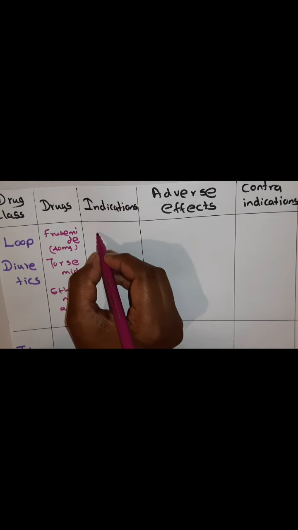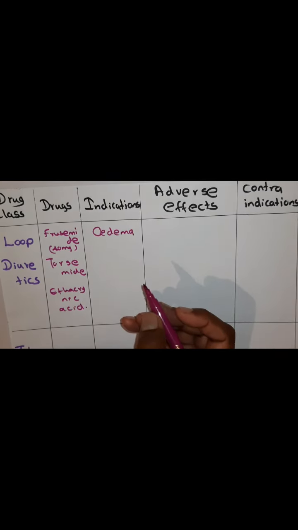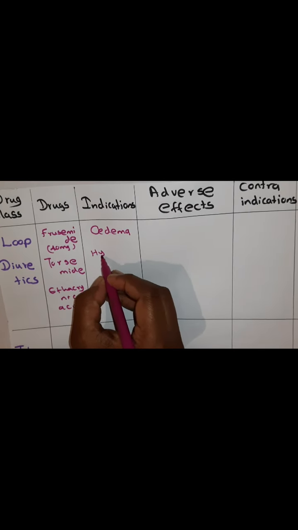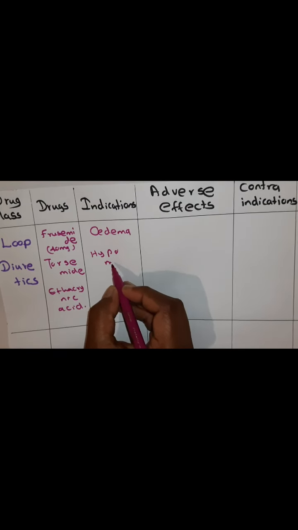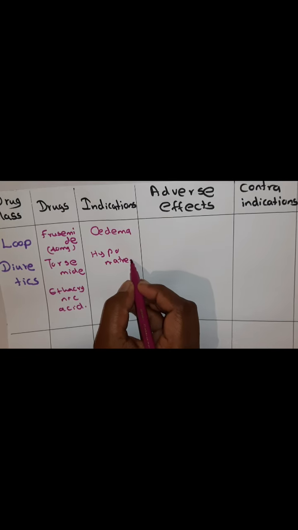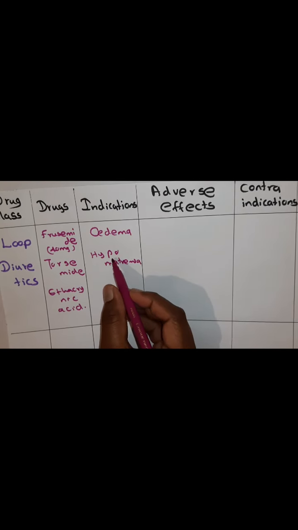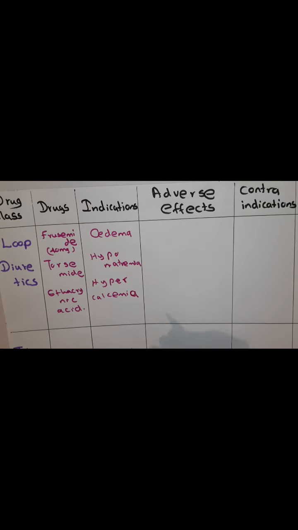Indications of loop diuretics: first and most important is edema. Then it is also used for hyponatremia, where the sodium level of plasma is low.